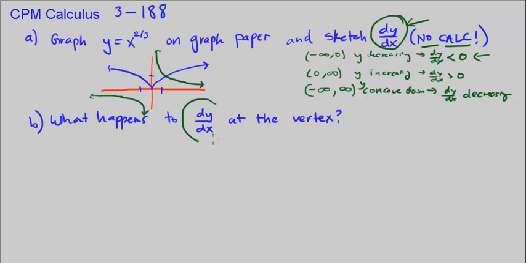So what happens to our derivative at the vertex? At this point, we're right here. Well, we can see that from the left, we're going down, down, down, down, down. So the limit as x approaches 0 from the left of our derivative function is going to be a big negative number.